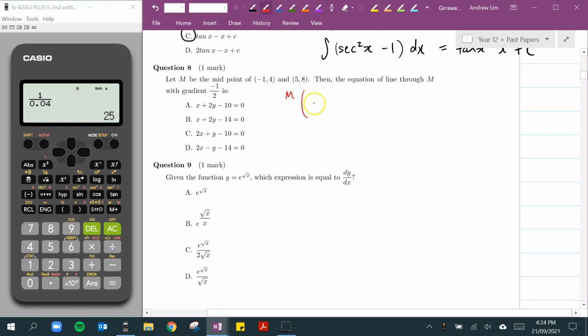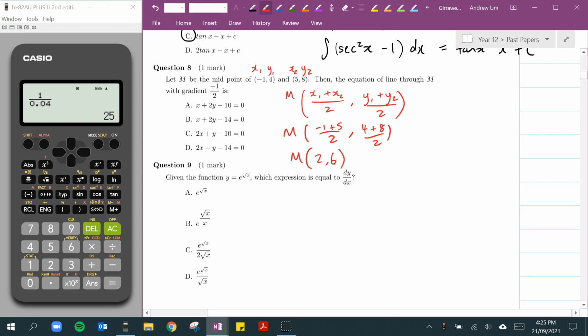Because it's the midpoint, we use x1 plus x2 over 2, comma y1 plus y2 over 2. So m is minus 1 plus 5 over 2, 4 plus 8 over 2. We've got 4 over 2, which is 2, and 12 over 2, which is 6.